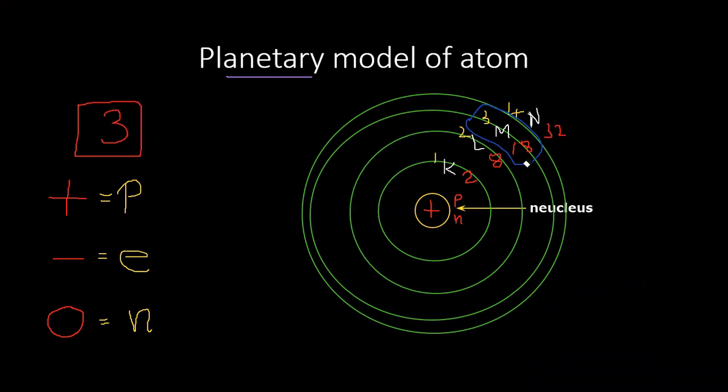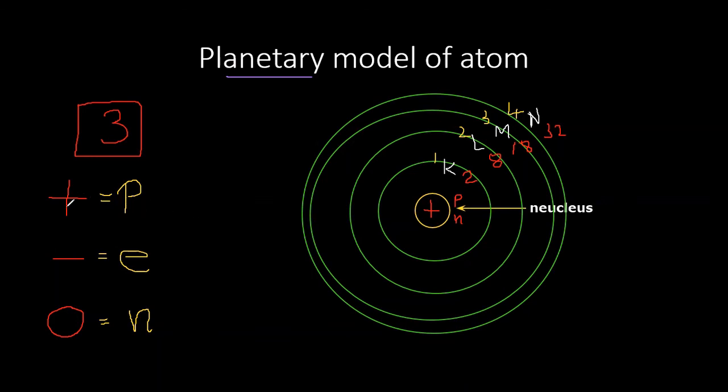And now this is what Niels Bohr added to the planetary model. When you write a short note on the planetary model of the atom, every part should be there. In the atom, there are 3 types of particles.